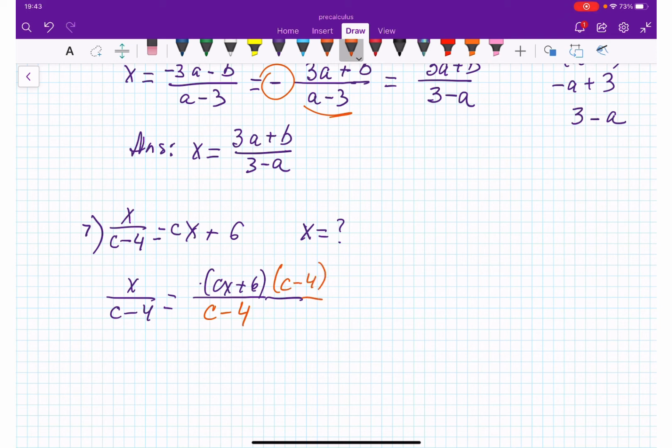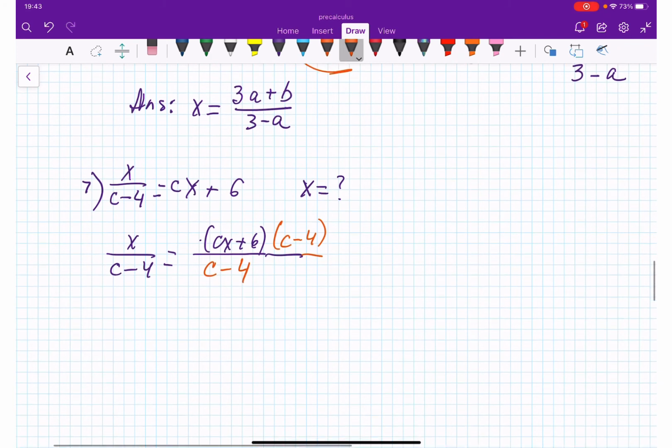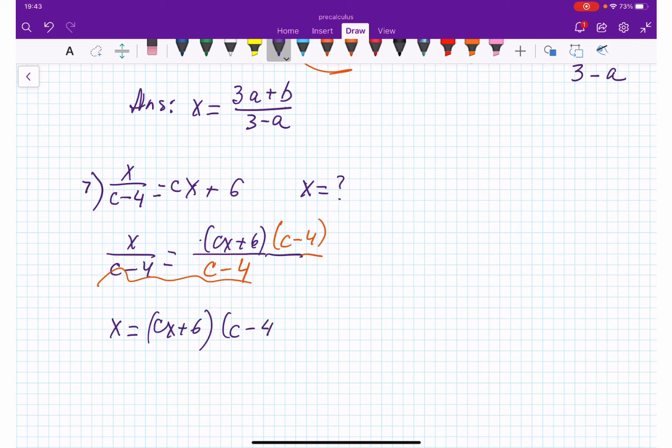Okay. Next, since this is an equation, I can clearly drop c minus 4 and we have x is equal to cx plus 6 times c minus 4.